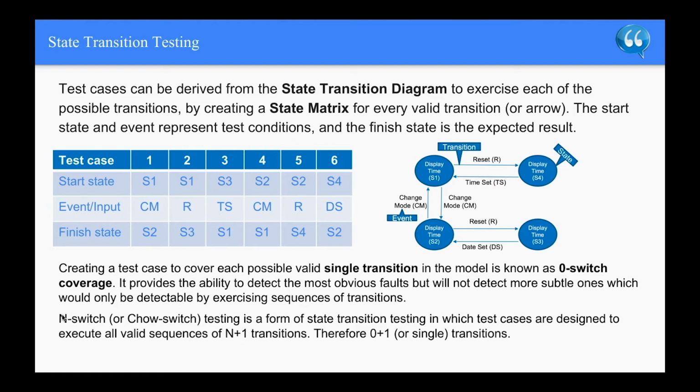N-switch or Chow switch testing is a form of state transition testing in which test cases are designed to execute all valid sequences of N+1 transitions. Therefore, zero switch testing means covering 0 plus 1, or single, transitions.